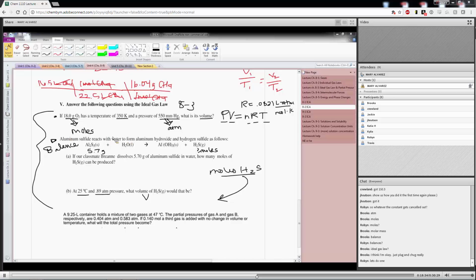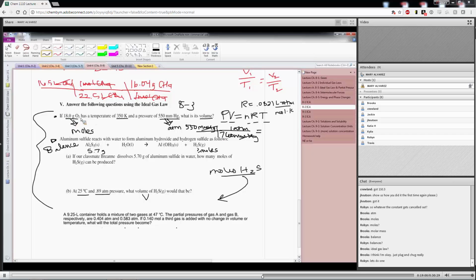Robin, let's do this first one because then it's going to be kind of the same thing that you're going to do for part B here. So for this first one, millimeters of mercury to atmospheres, we can use that there's 760 millimeters of mercury in every 1 atmosphere. That's going to be our conversion here.